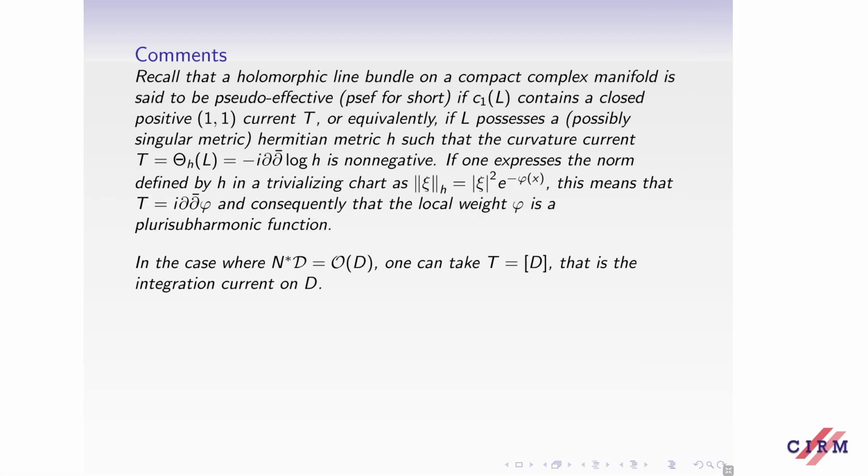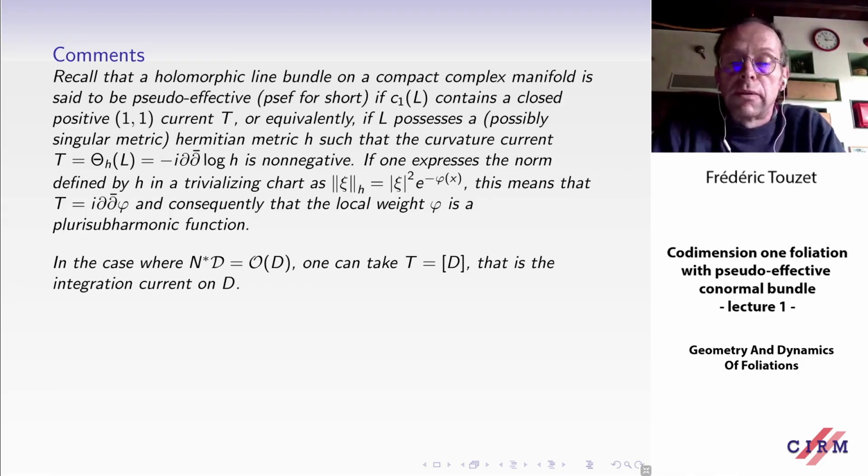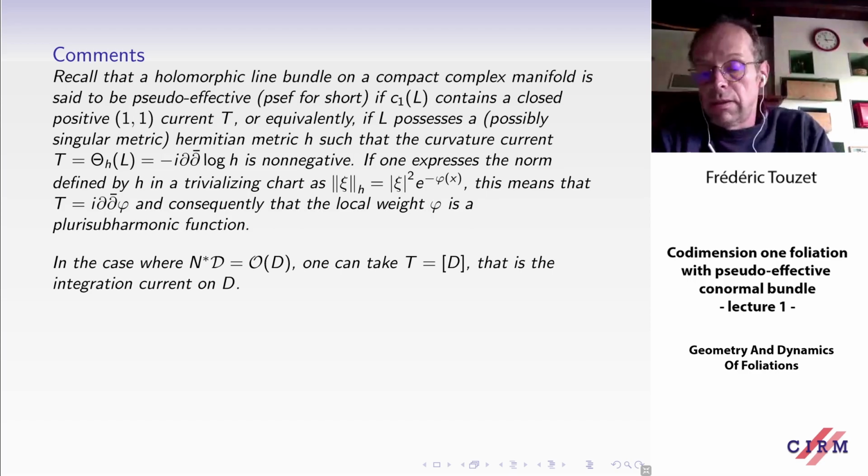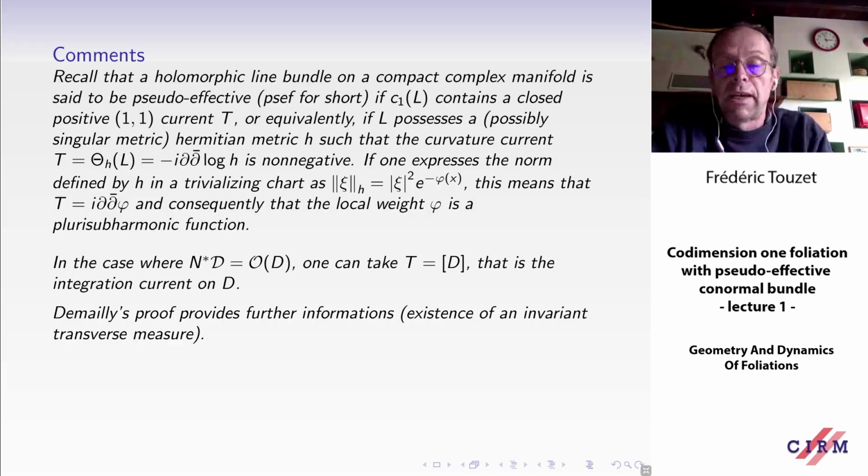And the remark is that in the standard case where the conormal is O(D), this form can be regarded as a holomorphic global one-form. This corresponds to the fact that the curvature current T can be taken equal to the bracket [D], which means the integration current along D is a particular case.